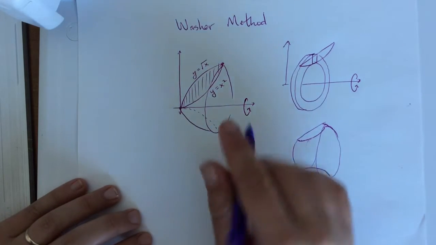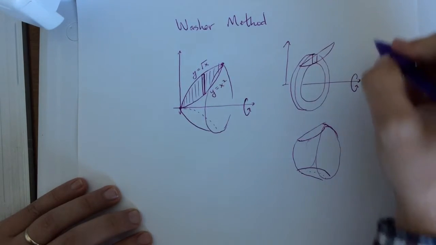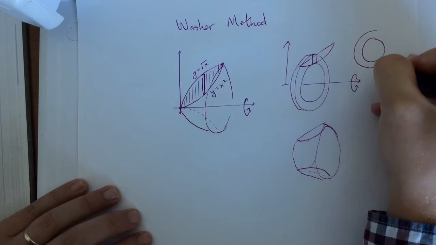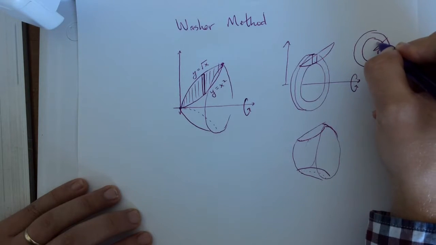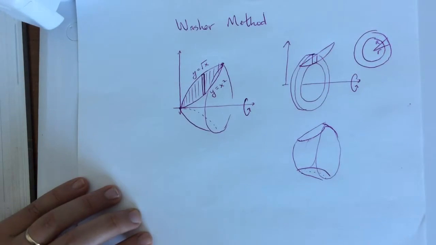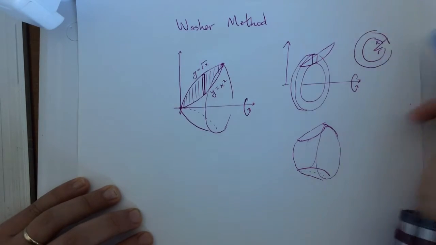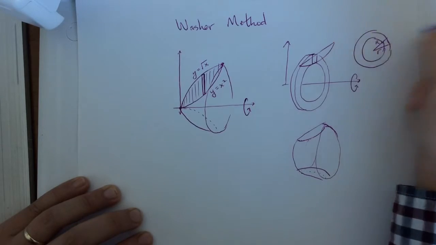All right. So our approximating washers have an inner radius and an outer radius. I mislabeled the inner radius. Inner radius and the outer radius.